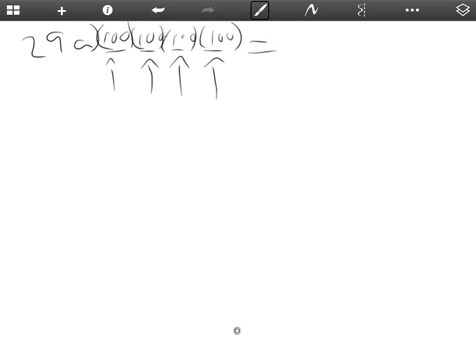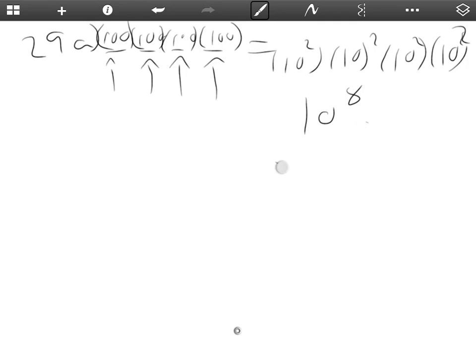Each of those is 10 squared, so that's 10 to the second times 10 to the second, or really just 10 to the 8th. And 10 to the 8th is 100 million. So there's 100 million permutations of the positive integers from 1 to 100, or rather 100 million 4 permutations.